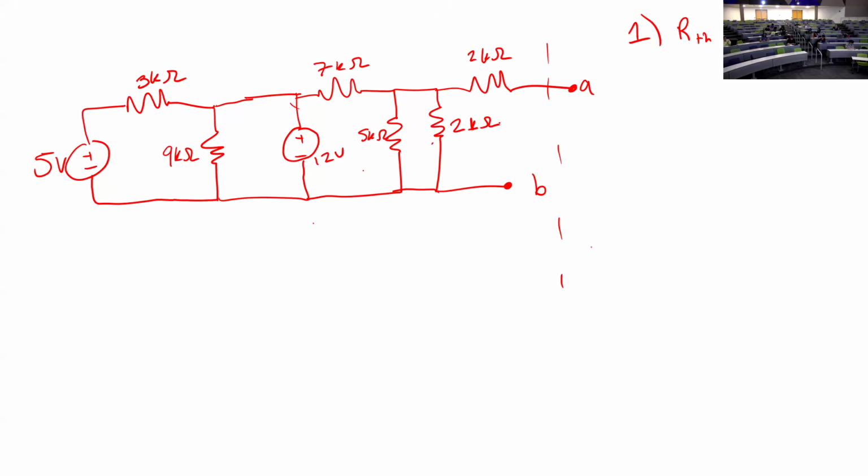All right. So to find our Thevenin, step 1 is zero out all of my sources. Something that is 0 volts is a wire. Something that is 0 amps is an open. So voltage sources are shorts, current sources are open. So I'm going to redraw this now with my sources zeroed out. So I have 3 kilo ohms, 9 kilo ohms.